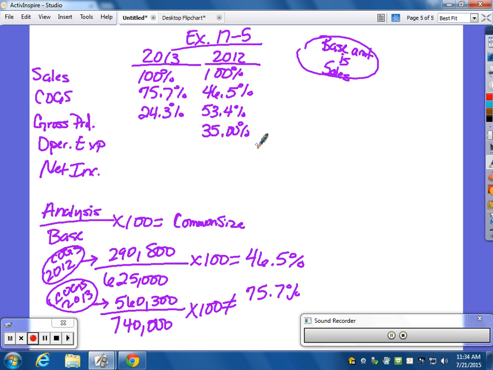Operating expenses 2013 common size percent? 17.3%.